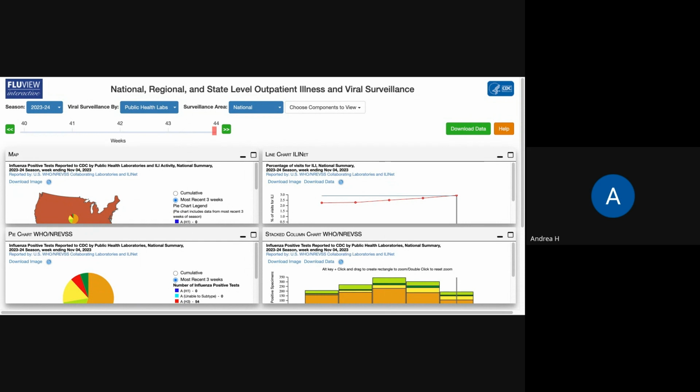And that data is standardized and transmitted to the central database. And then once it gets to that central database, you have the analysts or data scientists or epidemiologists or whoever who will create data visualizations like this, just to show trends in outpatient illness or viral surveillance.